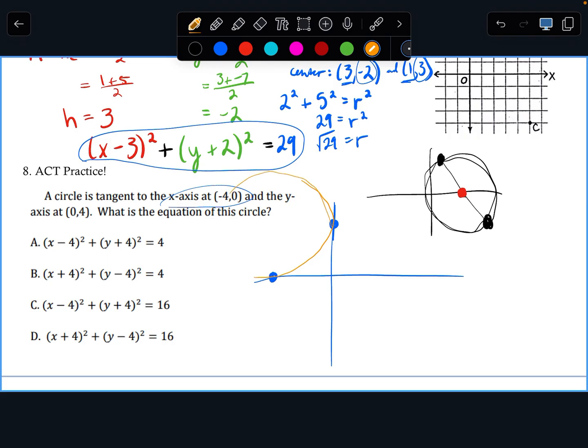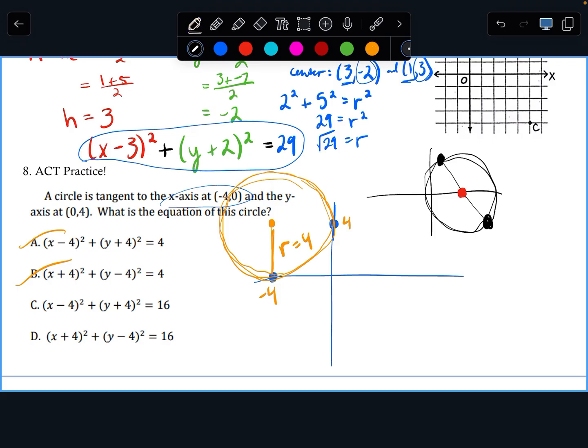Tangent means it just skims it. That would be what the circle looks like, right? This is at 4, this is at negative 4. So if this would be the center, what would be the radius? 4. So don't even look at these because I got to square it, right? 4 squared.